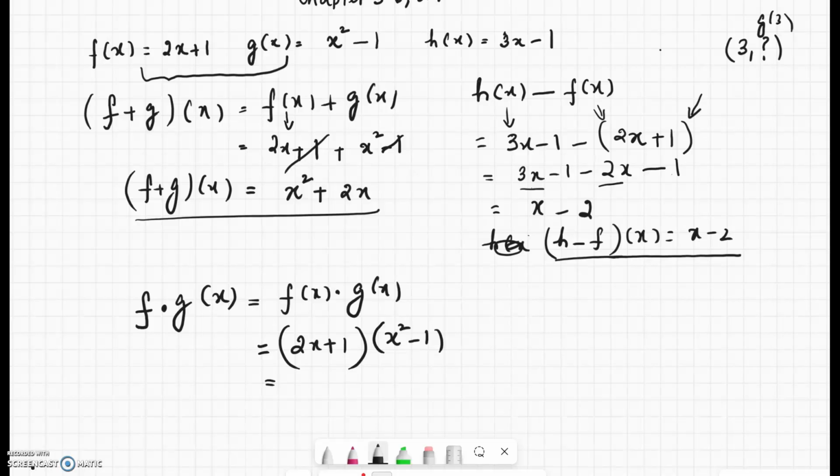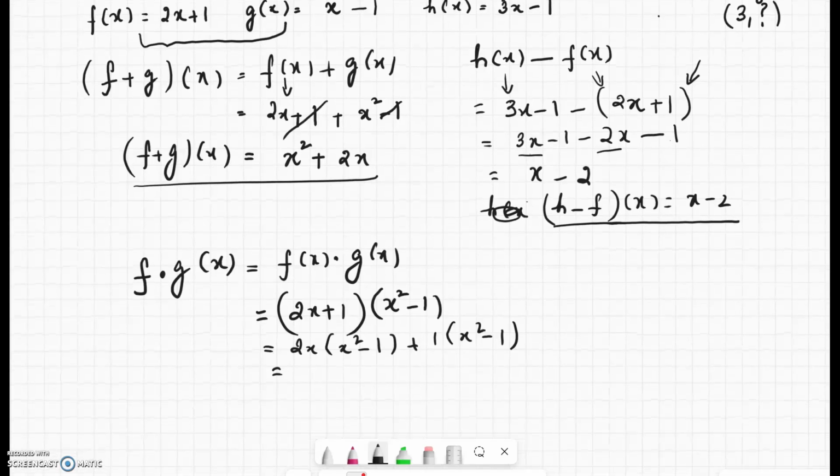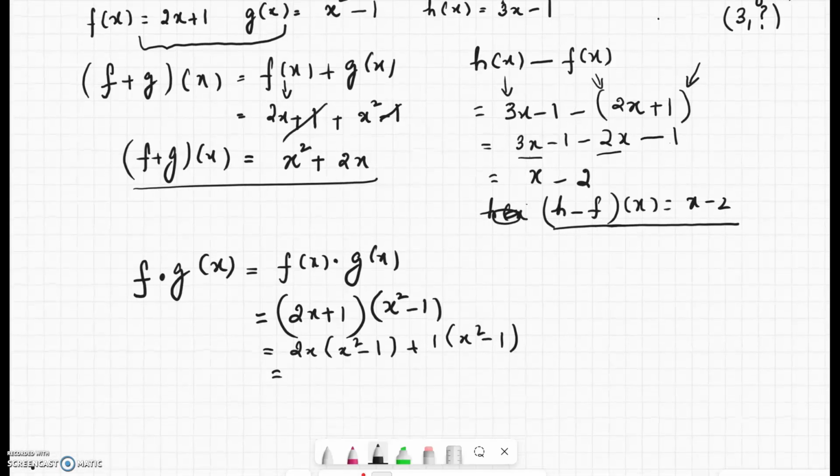I simplify it and I get 2x times x squared minus 1 plus 1 times x squared minus 1. So this is equal to, I'm using the distributive property, 2x cubed, because x times x squared is x cubed, minus 2x, that's how I got the minus 2x, plus x squared. 1 times x squared is x squared, it's a plus, and then 1 times minus 1 is negative 1.